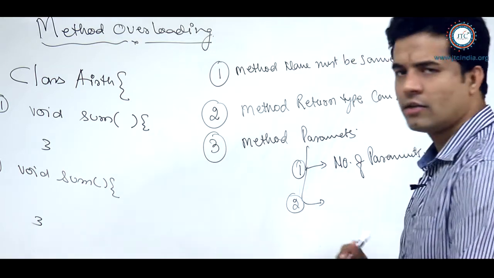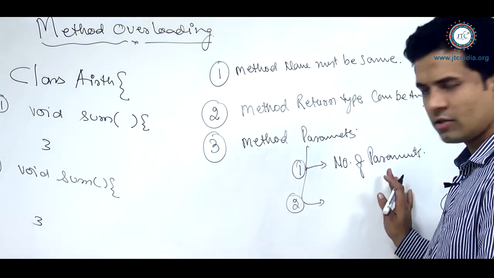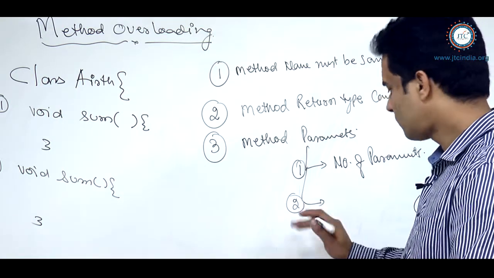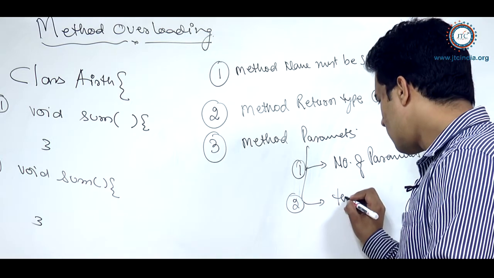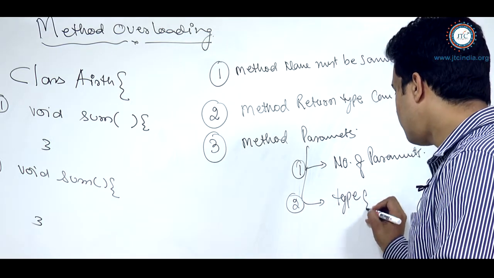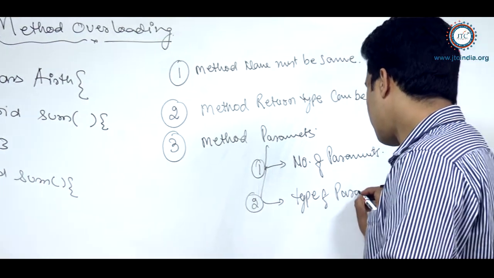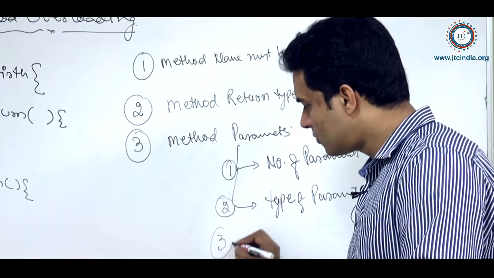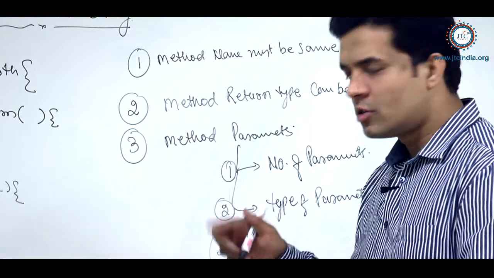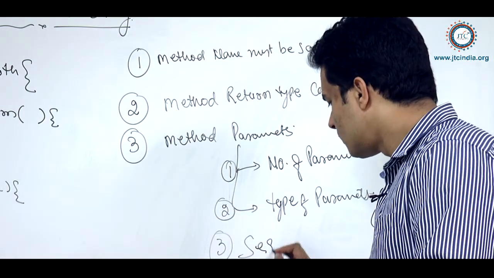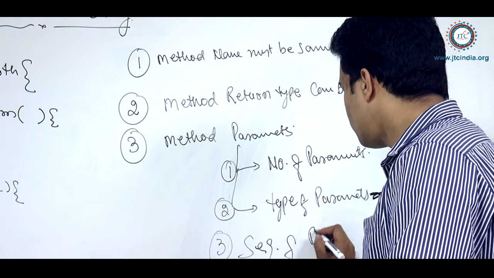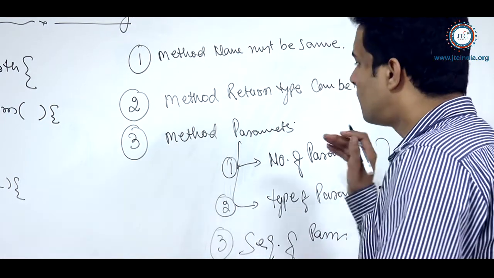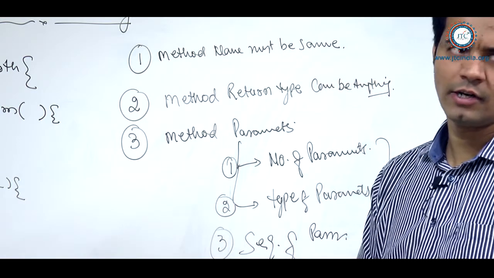Number two is the type of parameters, and the third option is the sequence of parameters. It must be different in the following order, right?